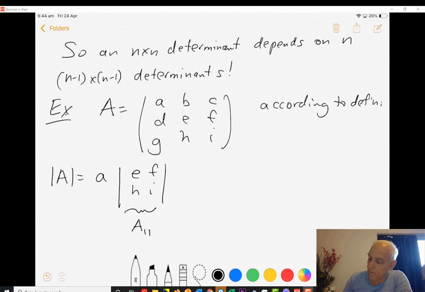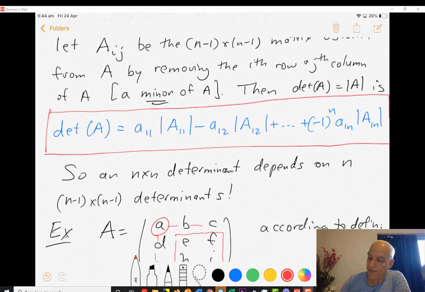It's what we get when we remove the first row and the first column. It's that little 2 by 2 matrix obtained by removing the row and the column of the 1,1 entry, which was A. So that's the first element in this sum.